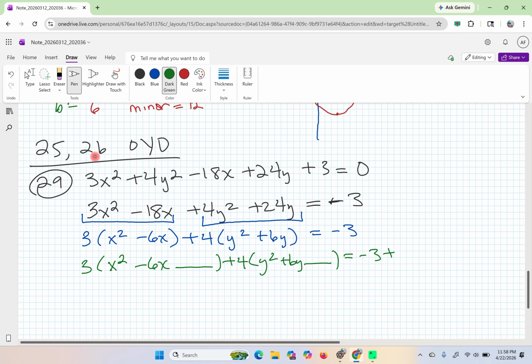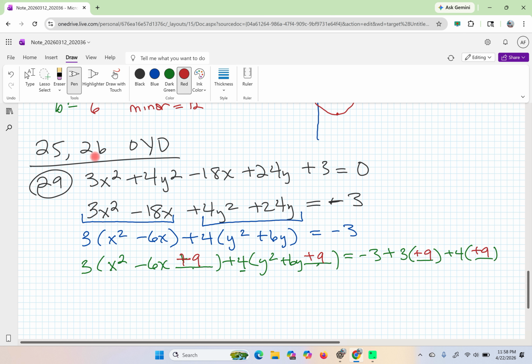So it's going to be plus 3 times whatever is added here, and plus this coefficient of 4 times whatever is added here. And that's going to cause my equation to be in balance. So completing the square, half of 6 is 3, 3 squared is 9. Plus 9, plus 9. Again, half of 6 is 3, 3 squared is 9.